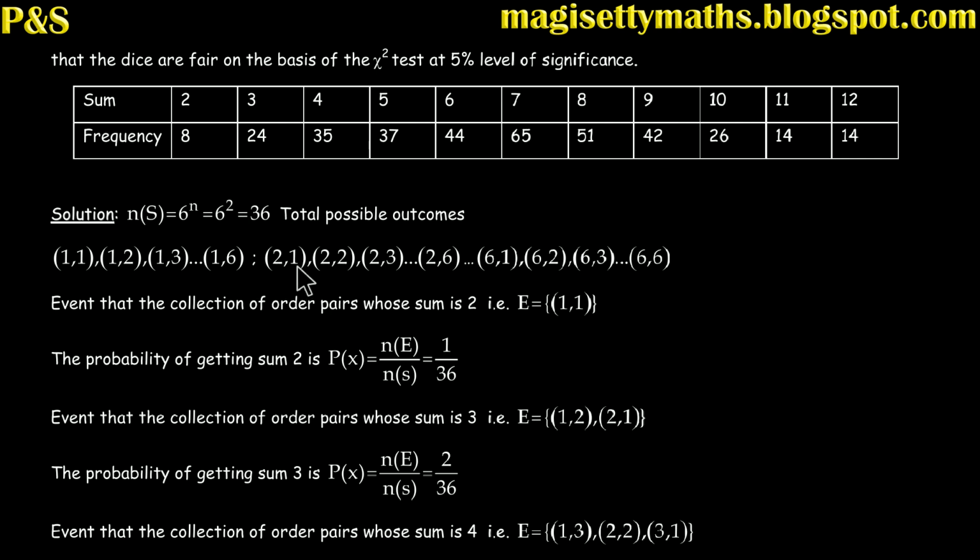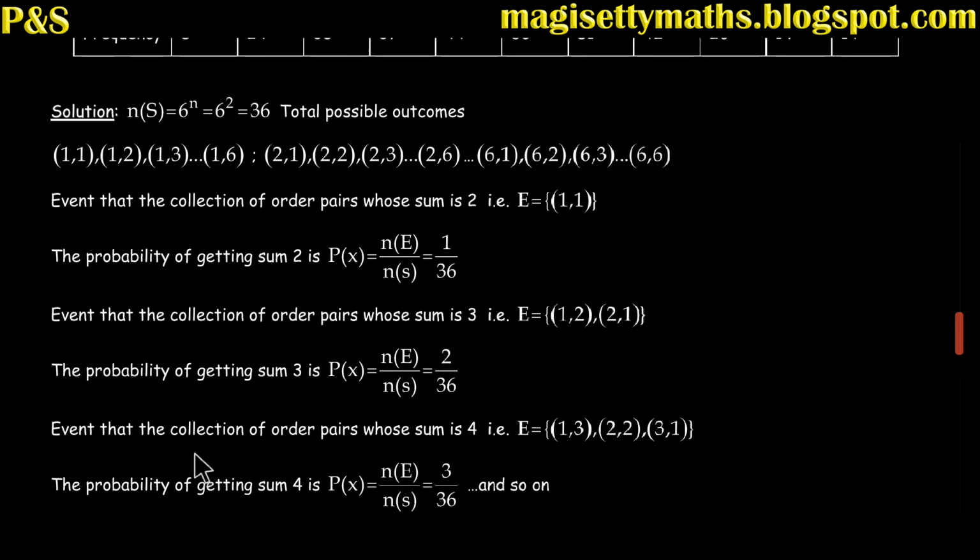These are two possible or favorable outcomes, since the sum of the digits is 3. We have only two ordered pairs, (1,2) and (2,1). So n of E equals 2. Now the probability of getting sum 3 is P of X equals n of E by n of S equals 2 divided by 36.